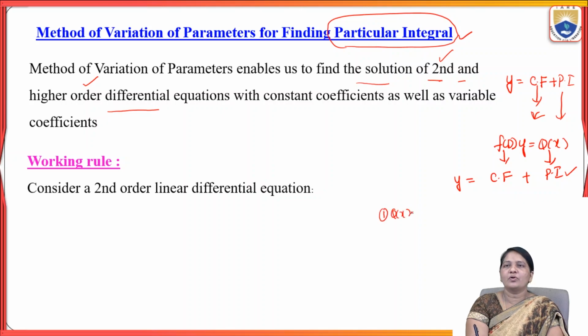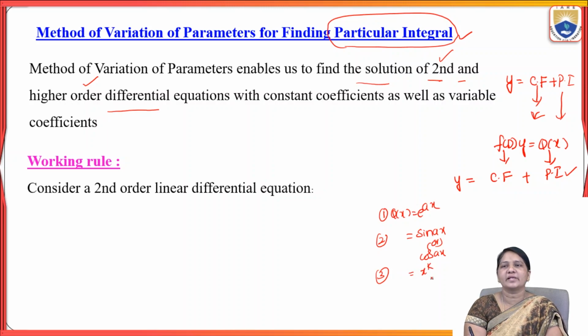If Q of x is e power ax, we follow method 1. If Q of x is sin ax or cos ax, then we follow method 2. For the third one, if we have x power k or x power m or x power n, we follow method 3.